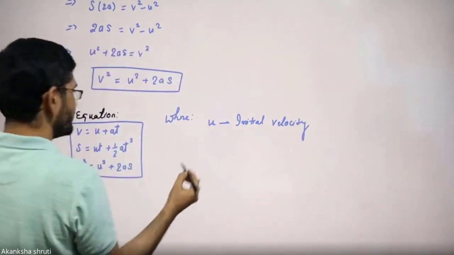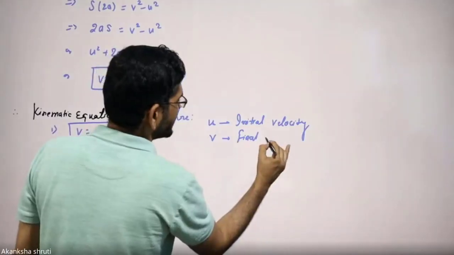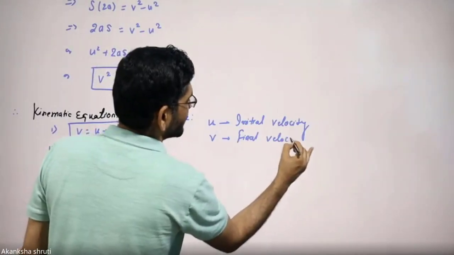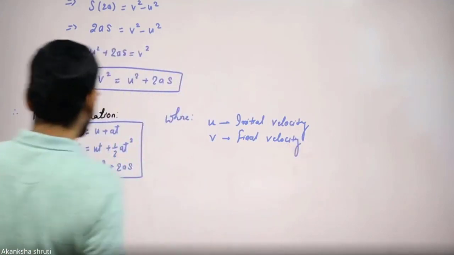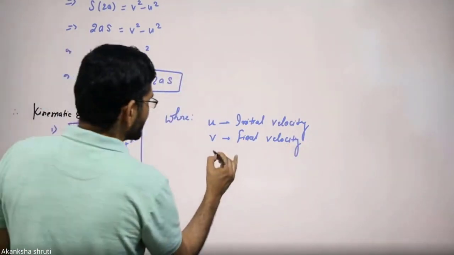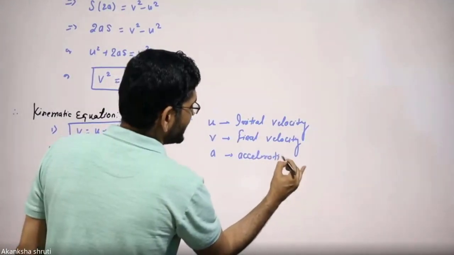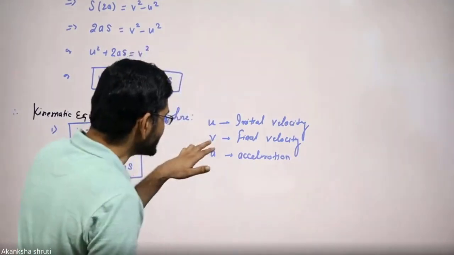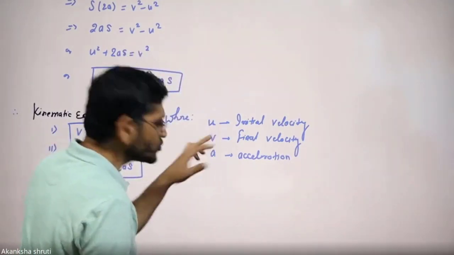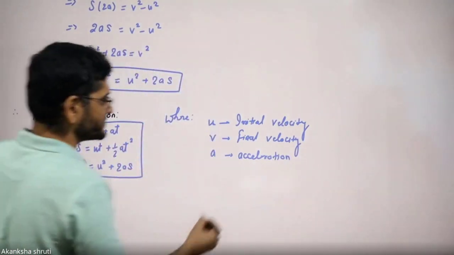Wherever v is there, it is your final velocity. Yes, students, so v represents the final velocity. Wherever a is there, it is the acceleration. This acceleration is for changing the speed from u to v. That you have to keep in mind.